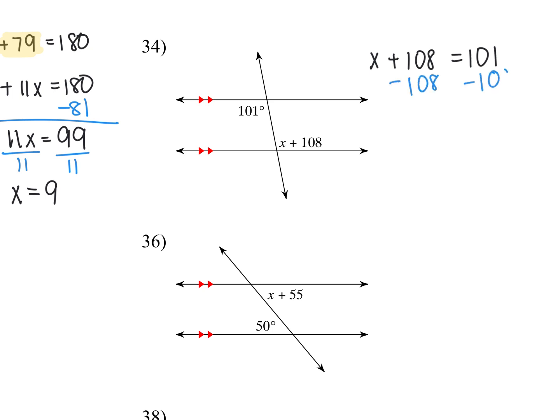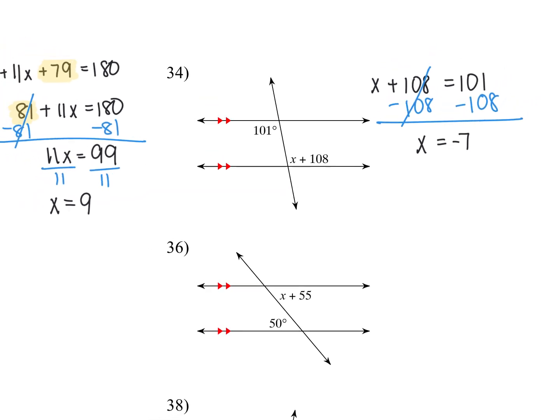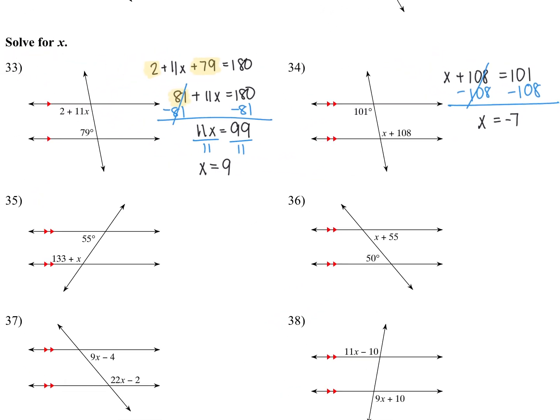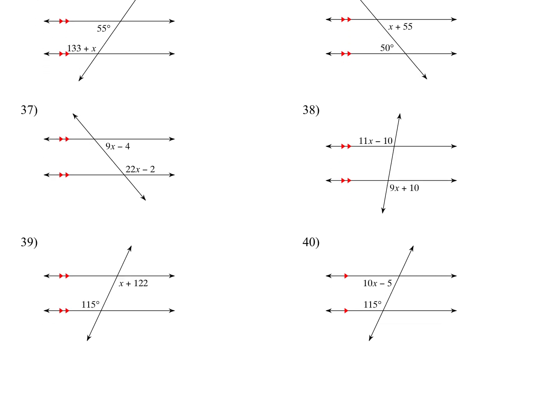What would my answer be? x is going to equal negative 7. Please keep in mind, my angle measurement couldn't be a negative number, but my x could, because I'm doing something else with my x. x can be a negative number, but my angle cannot be negative.